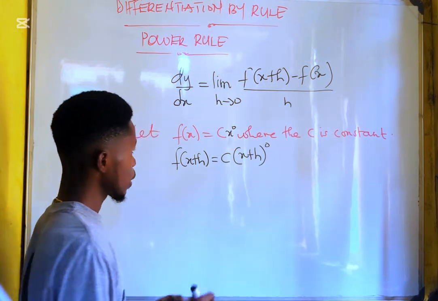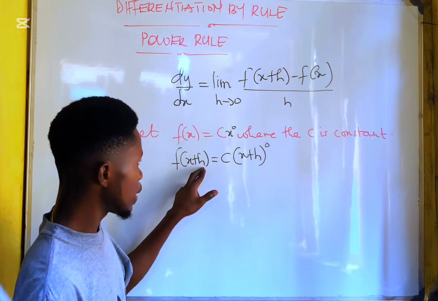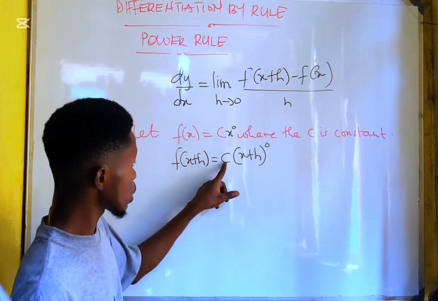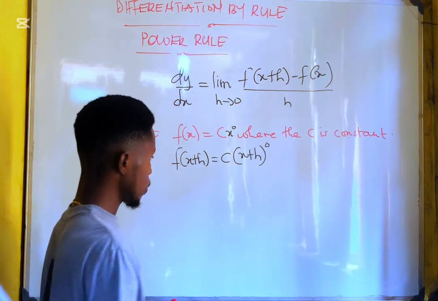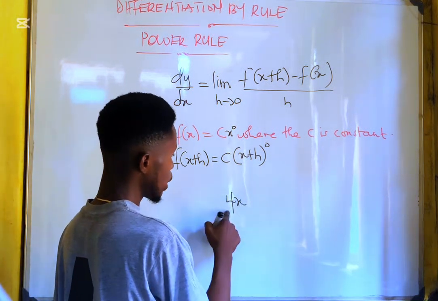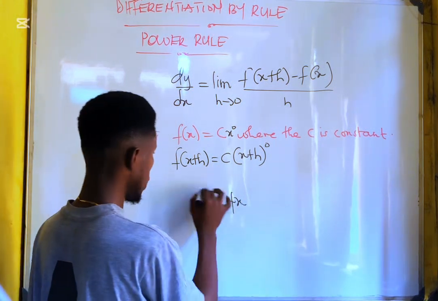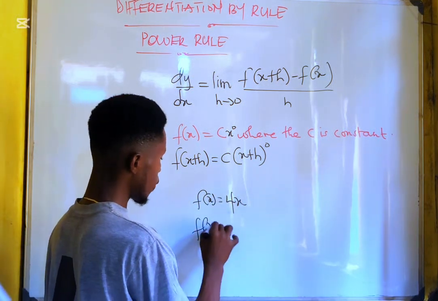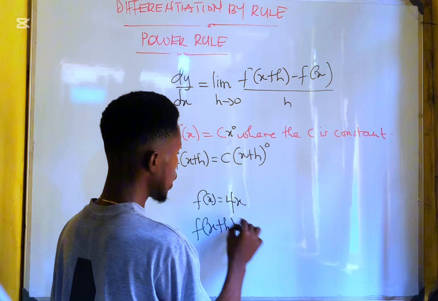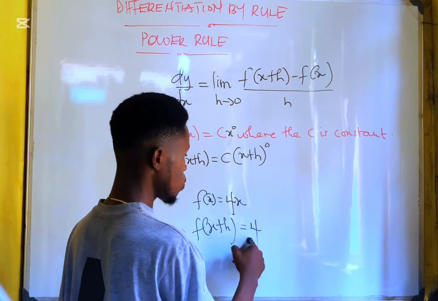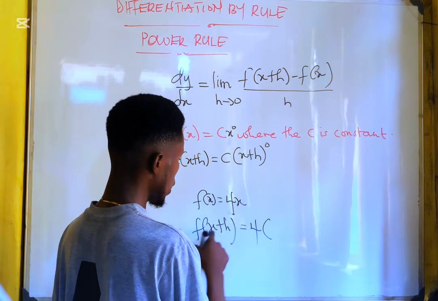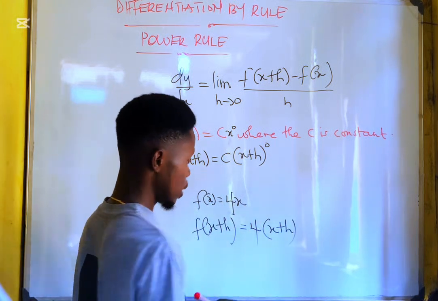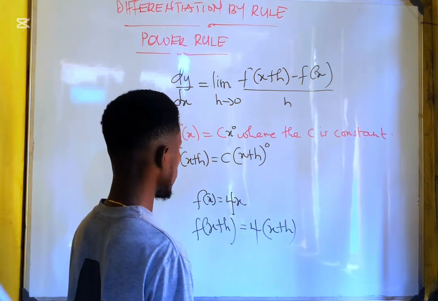Now, normally the x plus h takes the position of where the x is. This is just a constant. It's like when I have 4x, okay? The 4 is constant. So if this is f at x equals 4x, if I want to write f at x plus h, this is a constant, so that one will be out. Then the x plus h will take the position of the x, which will become x plus h here. So that's what I've just done there.